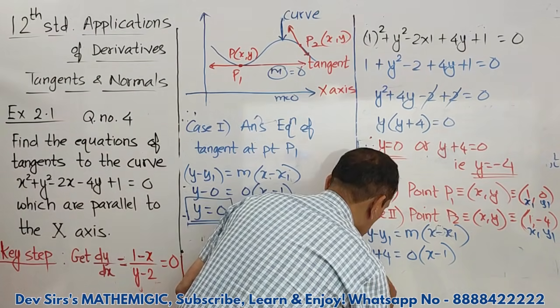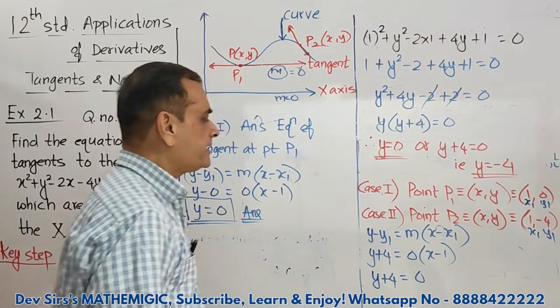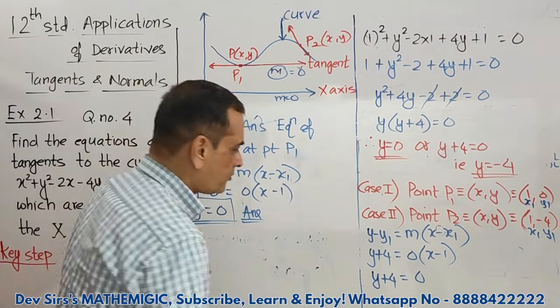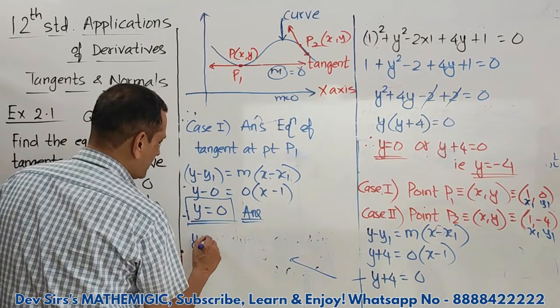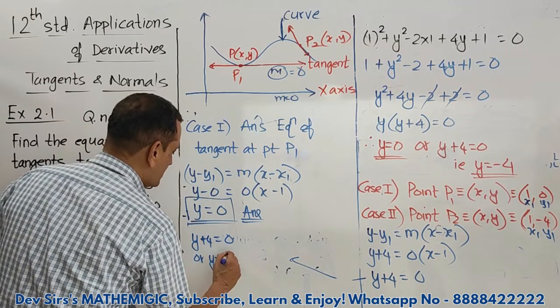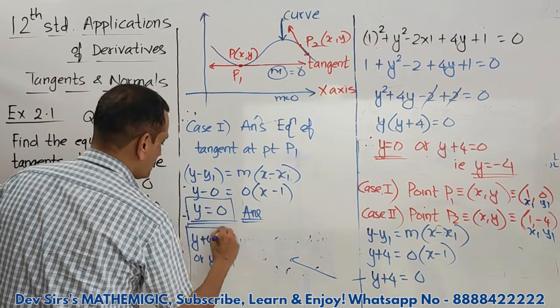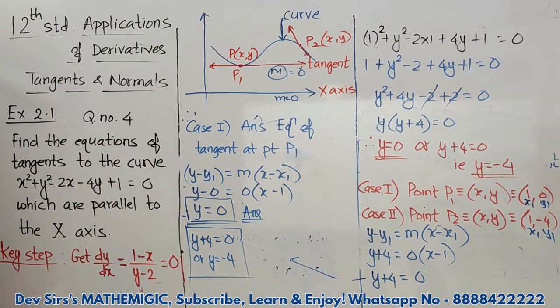So y plus 4 equal to 0. 0 into anything is 0. Therefore, second answer, equation of tangent y plus 4 equal to 0 or y equal to minus 4. These are the two answers that you get for the two tangents.